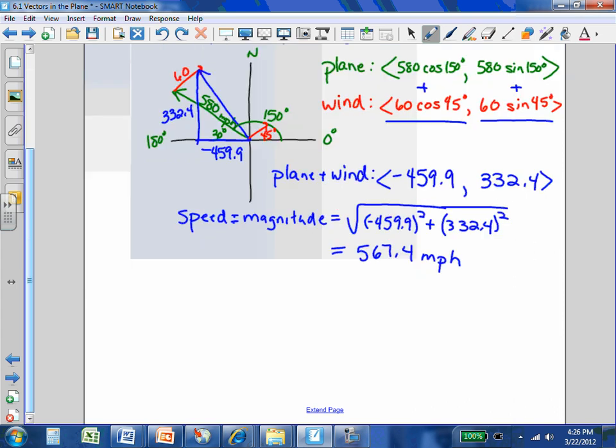And then what is the actual angle that this is traveling? So we want to know, what is our theta out there for our resulting vector? Well, we know that the tangent of theta is b over a. That is, for us, 332.4 over negative 459.9.